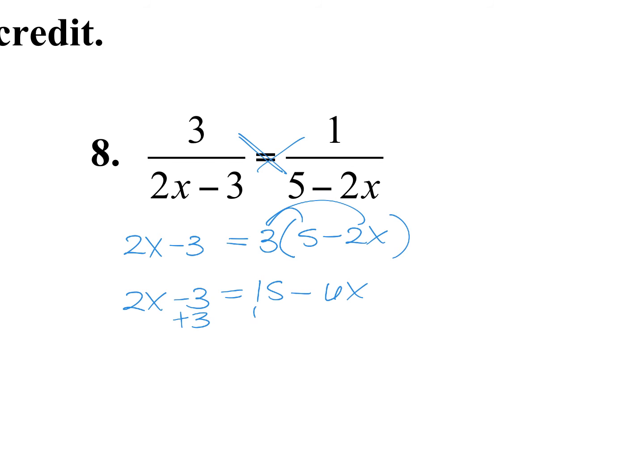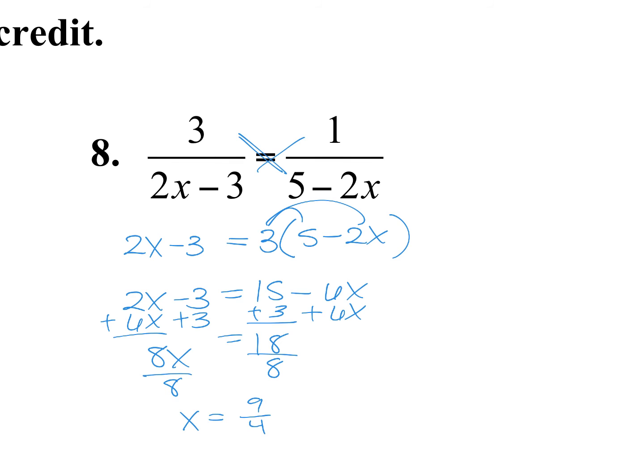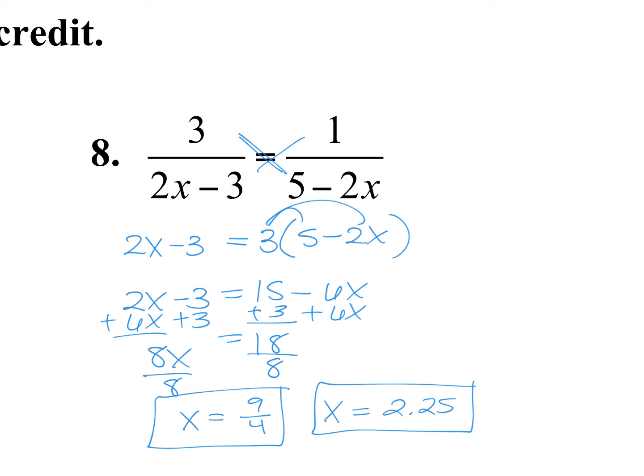I'm going to add the 3 and add the 6x. So you get 8x equals 18. Divide by 8. Again, if you like the ratio, you can leave it as a ratio. 18 over 8 would be 9/4. Or if you like the decimal version, that would be 2 1/4, 2.25. Either one of those is great.